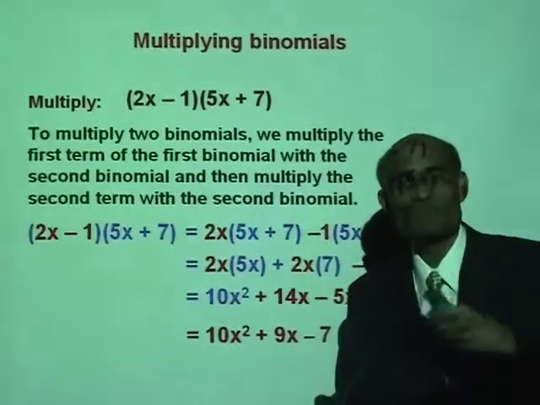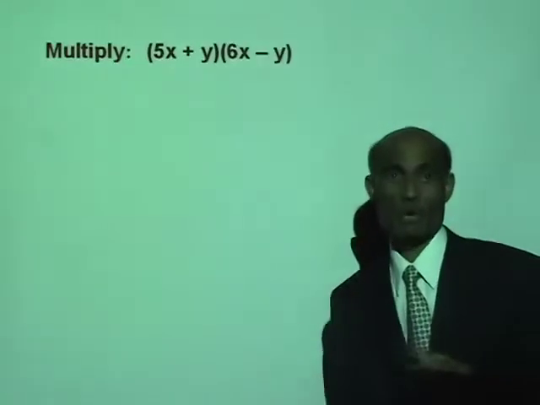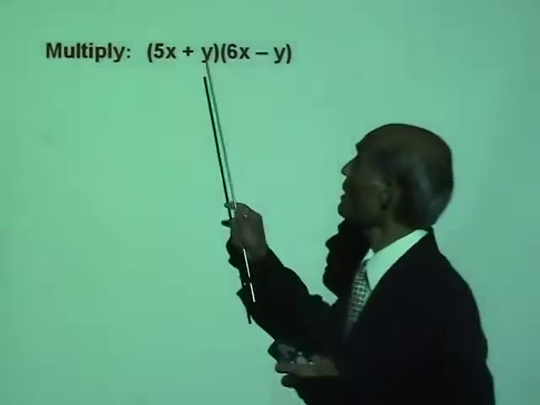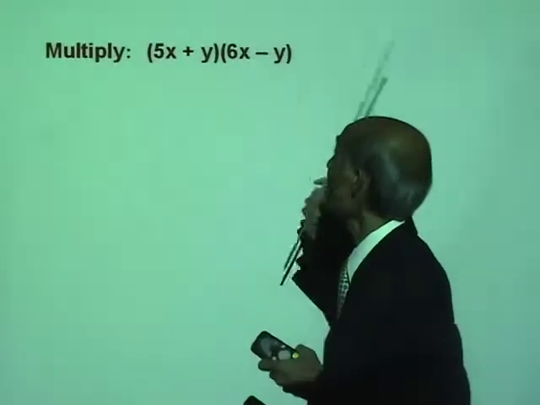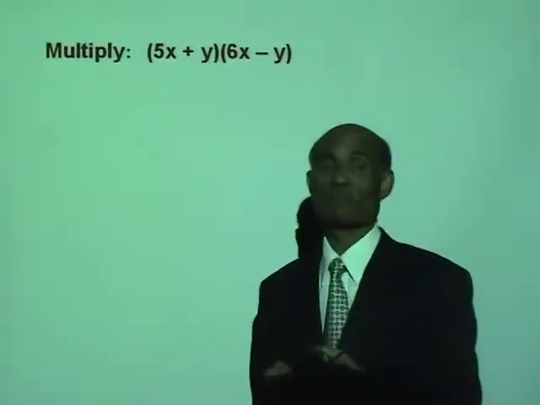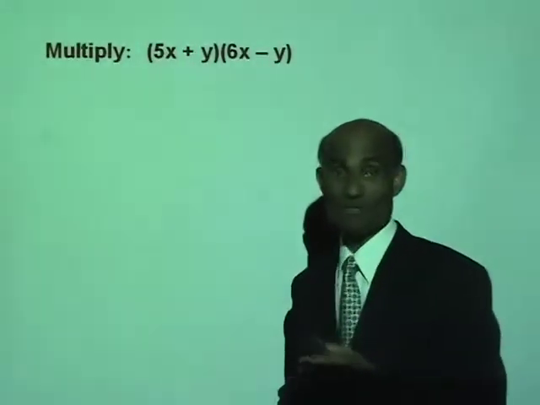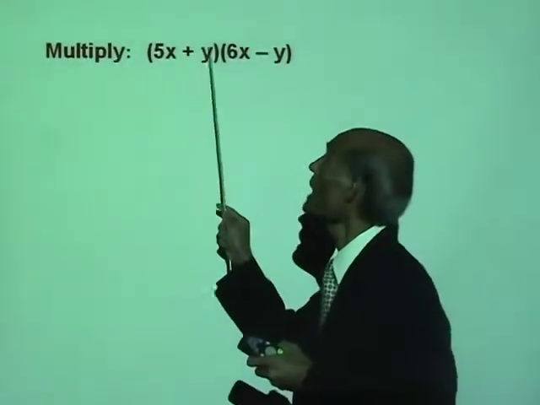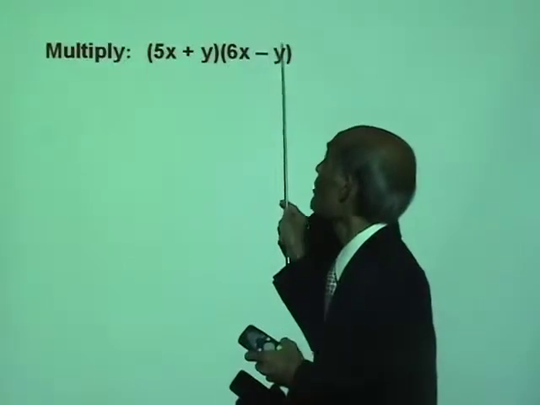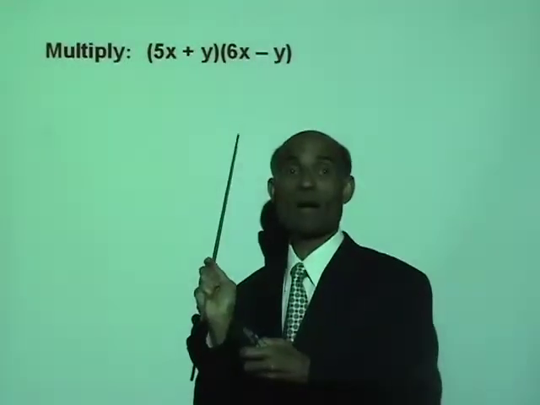You want to practice it with another example? Let's go. Multiply 5x plus y times 6x minus y. What's the method? First take 5x and multiply it with the quantity 6x minus y.